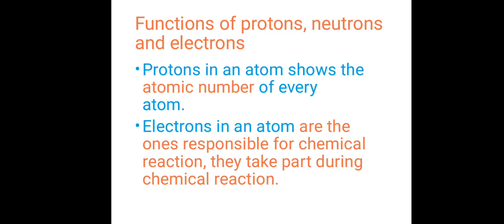We shall come and see the first 20 elements, such that if the protons in an atom are 4, for example, meaning the atomic number of such an atom is 4.